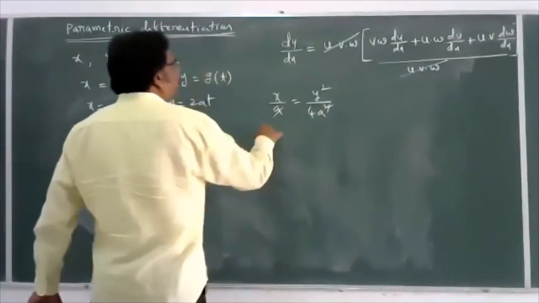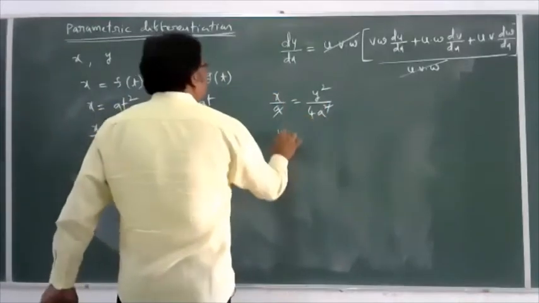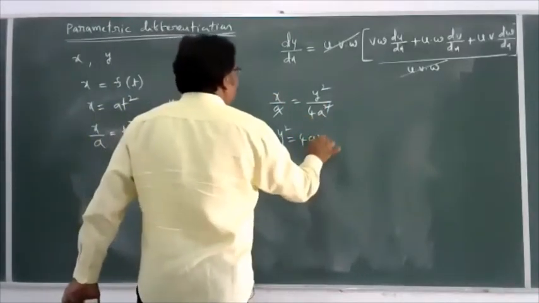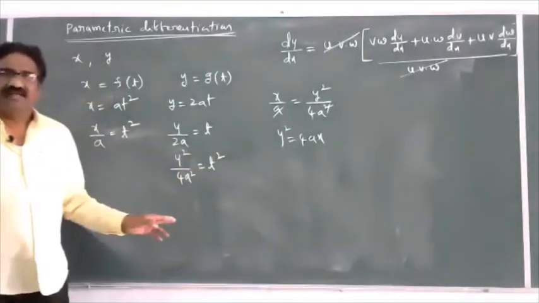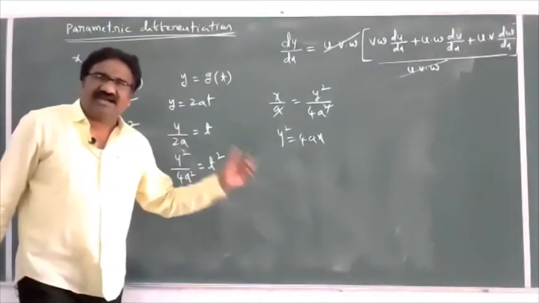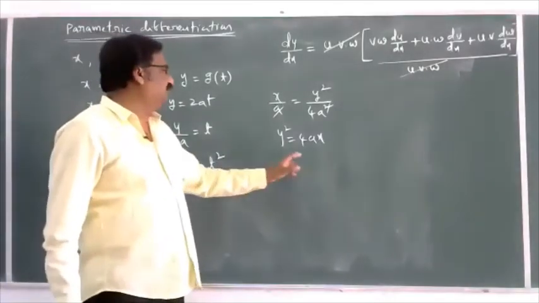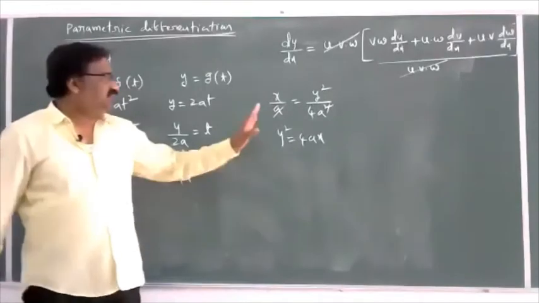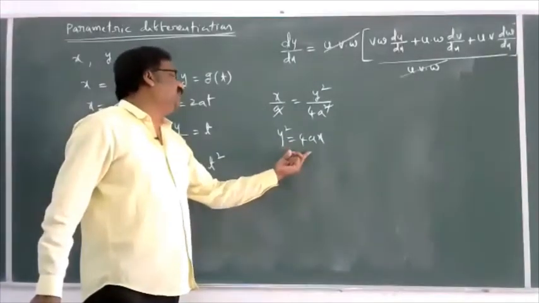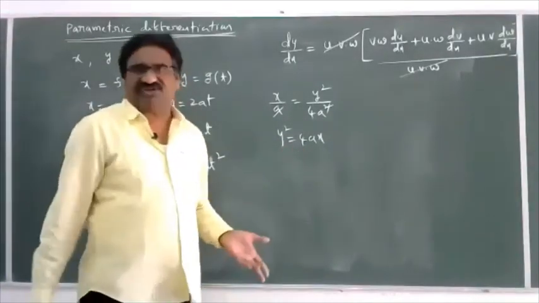Both sides one a cancels. Then cross multiplication, y square is equal to 4ax. So by eliminating the parameter t, we get the relation between x and y as y square is equal to 4ax. After you get the relation between x and y, then you go for differentiation.